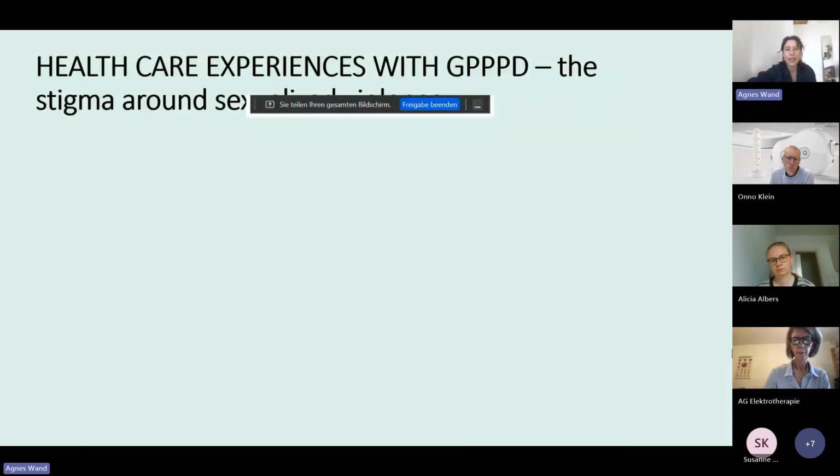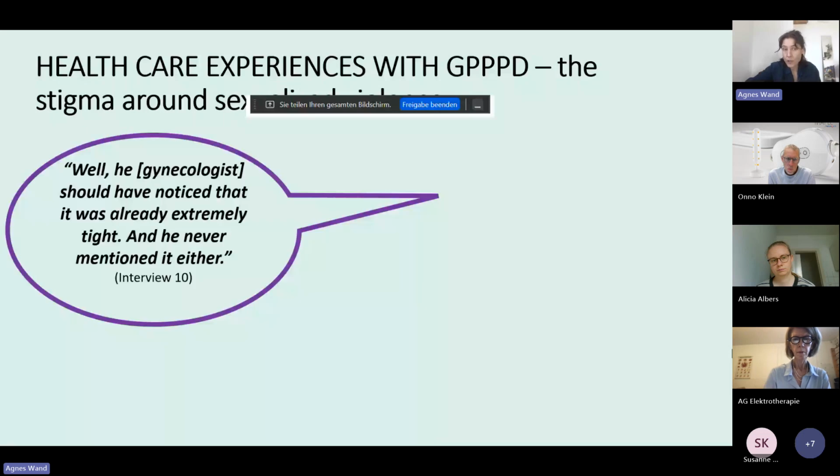In the healthcare system, it was also a big thing that GPPPD is connected with sexualized violence. On the one hand, when GPPPD is evident in healthcare, we should of course also address sexualized violence to make sure we have excluded this cause.